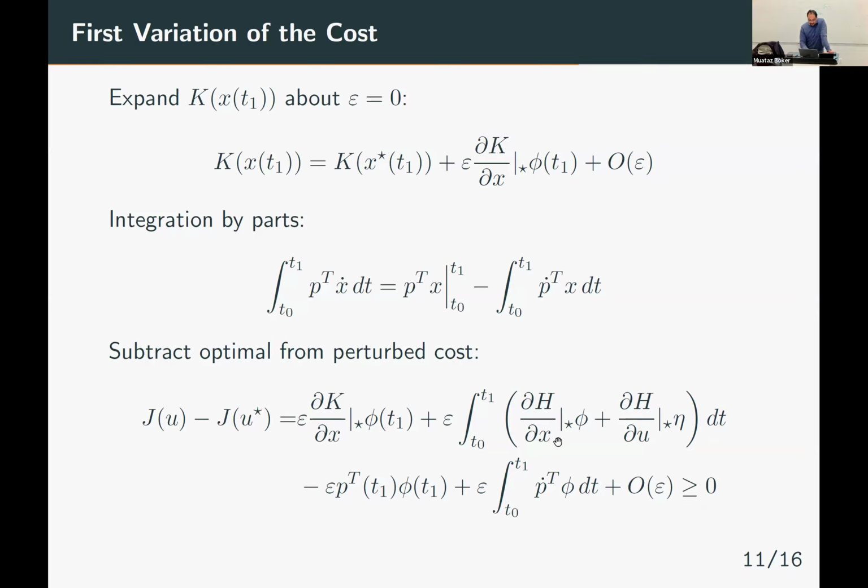Okay, plus epsilon p transpose(t1) phi(t1), plus epsilon integral from t naught to t1 of p dot phi, plus order of epsilon. Now, I know that this is ugly for now, that's okay. But the point here, why we are doing this, is because U star is the optimal, so J(u) minus J(u star) is larger than or equal to 0.